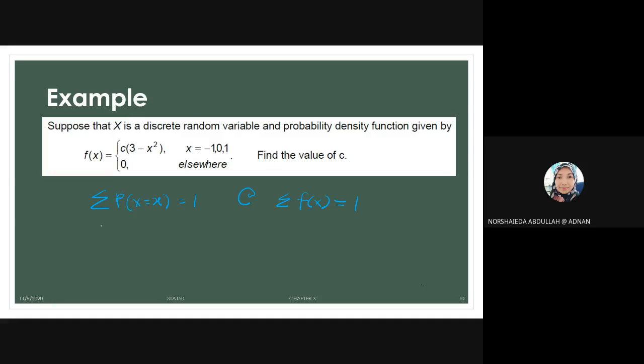That means f(-1) plus f(0) plus f(1) equal to 1.